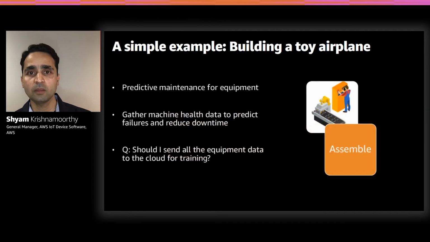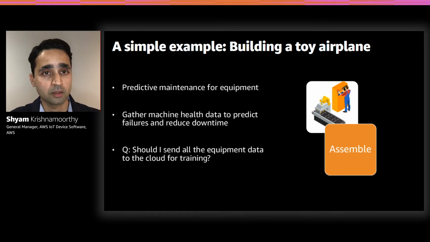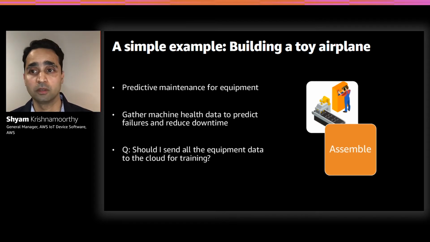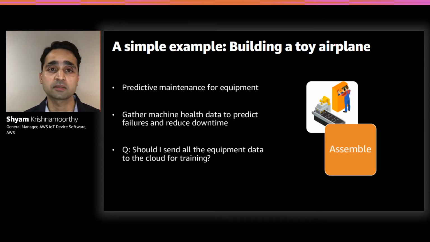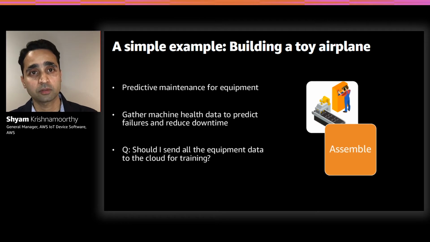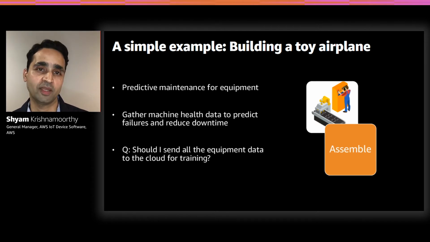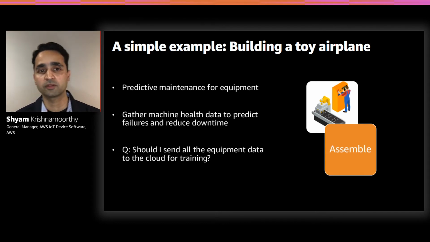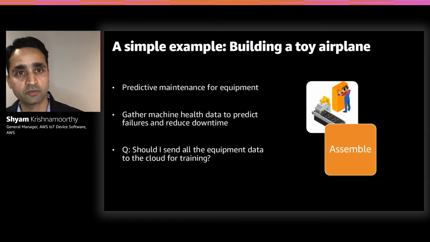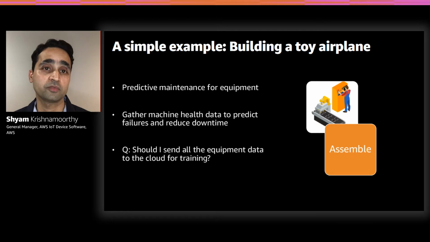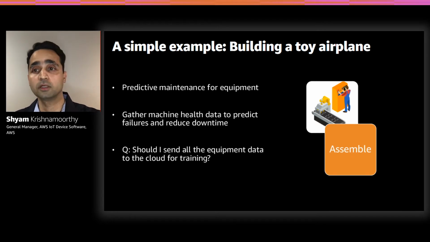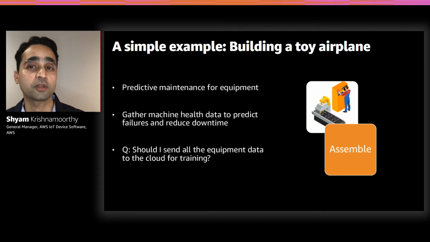So imagine that the assembly station is a fairly complicated machine that's putting things together, and it can break down, and you can actually use vibration sensing or other techniques to actually look at whether the patterns are indicating imminent failure and try to do predictive maintenance for that equipment, right? So you gather machine health data, make some inferences off of that data, and determine if this is going to fail and trigger an alert for the technician to come and fix it before it does.